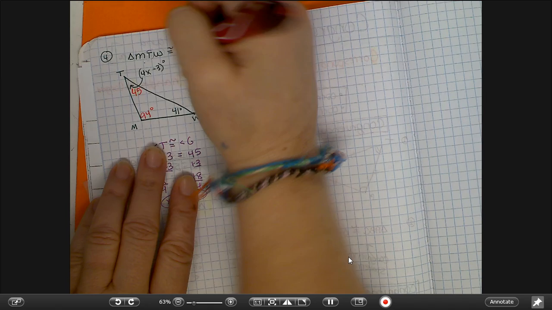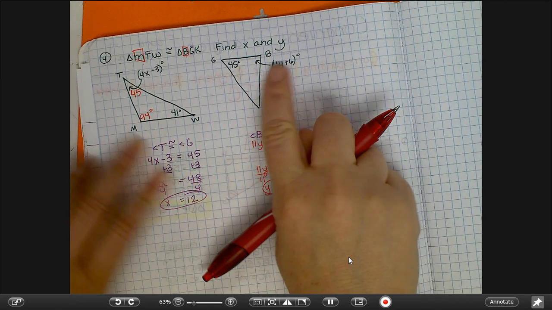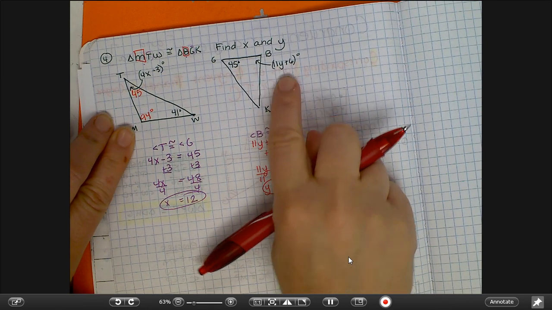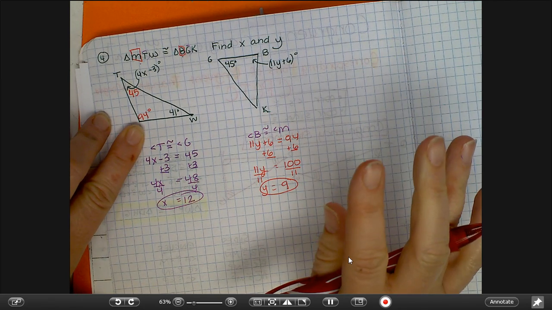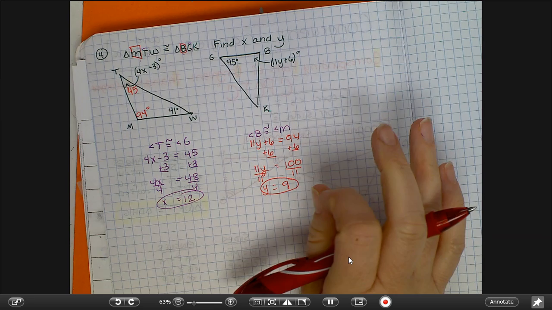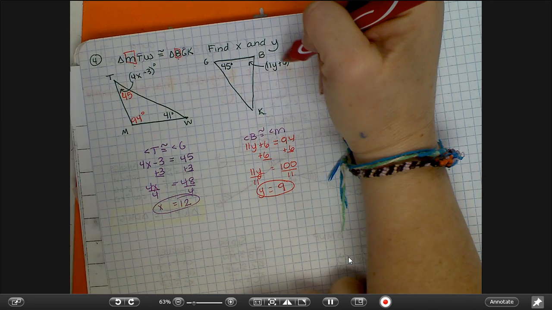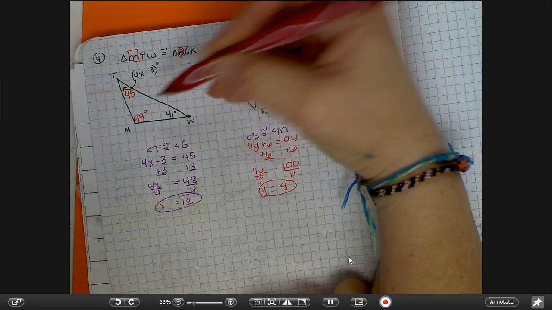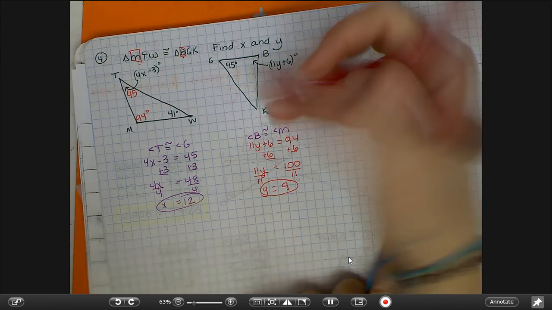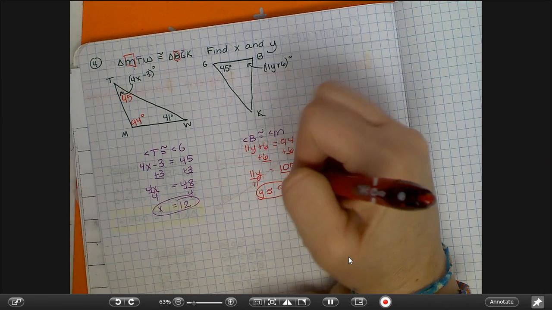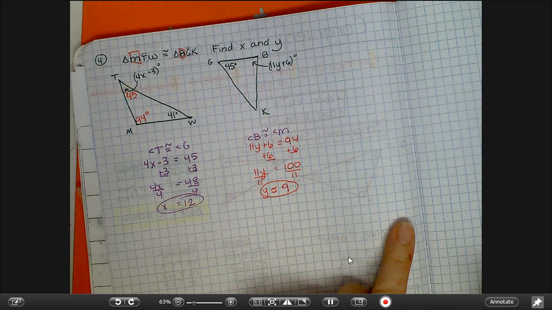Angle B has to go with angle M. Okay, so that's good. 11y plus 6 and 94 is fine. I have a feeling that when I wrote down the problem, I wrote it wrong. I have a feeling this was minus 6 because 94 minus 6 is 88, and that would have been evenly divisible. So don't worry that this is off. It's correct with the numbers I gave you.